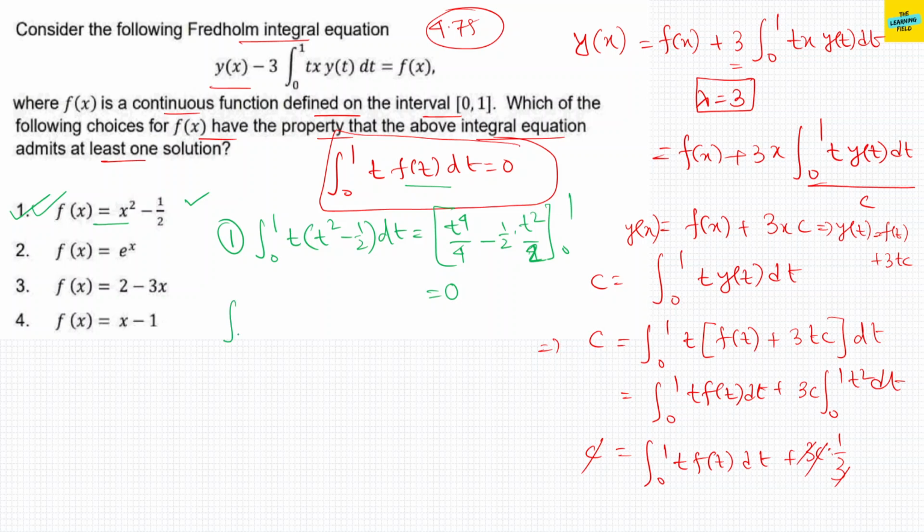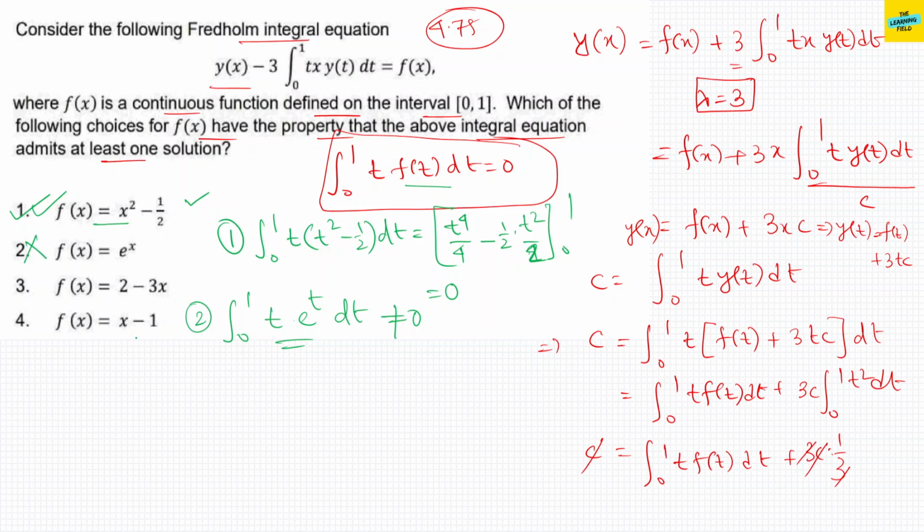Now for option 2, ∫₀¹ t f(t) dt with f(t) = eᵗ, this value is never 0. You can easily see by integration that this value is never 0 because eᵗ is present here.